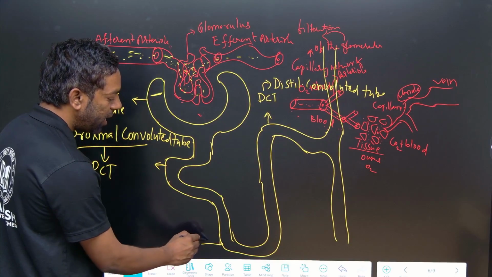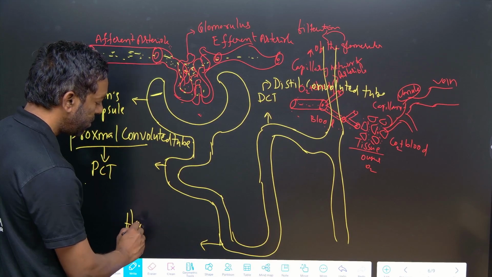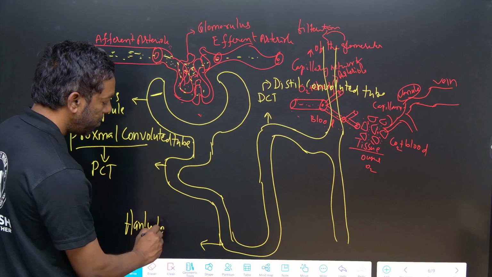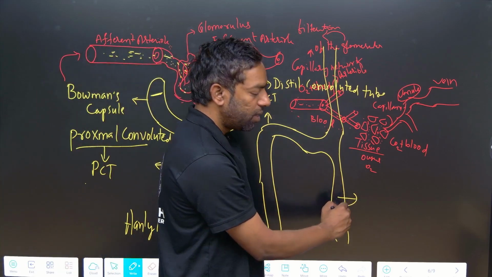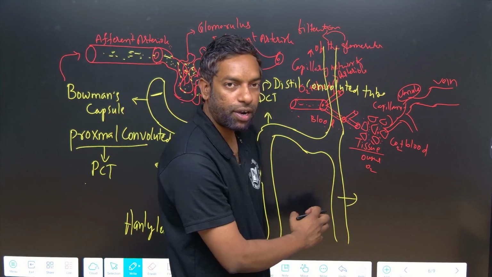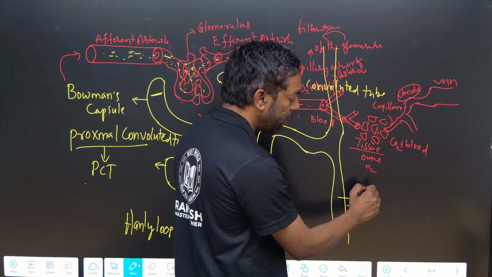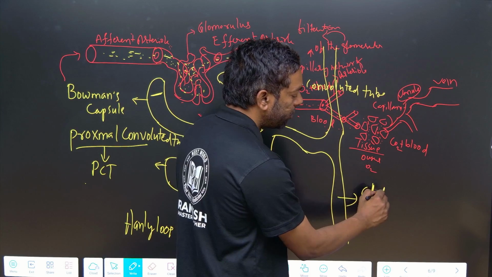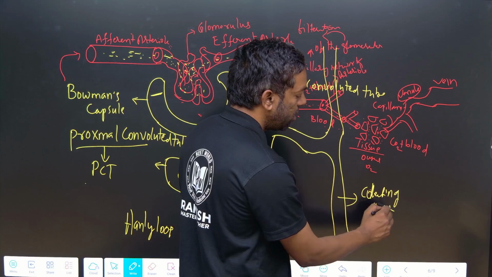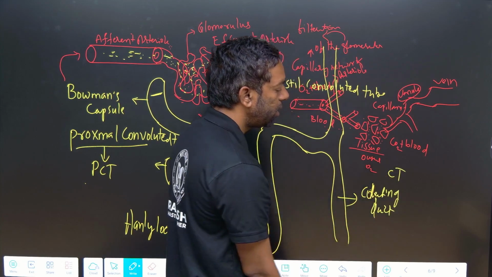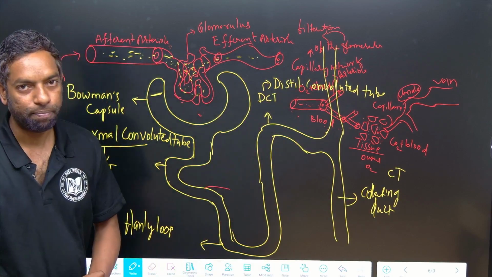This is the hairpin-like structure, the Henle loop, and finally, to take the fluid, the final part is the collecting duct, CT. Okay, this is all about the nephron.